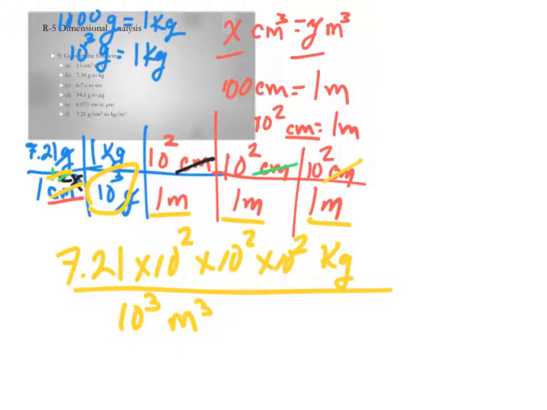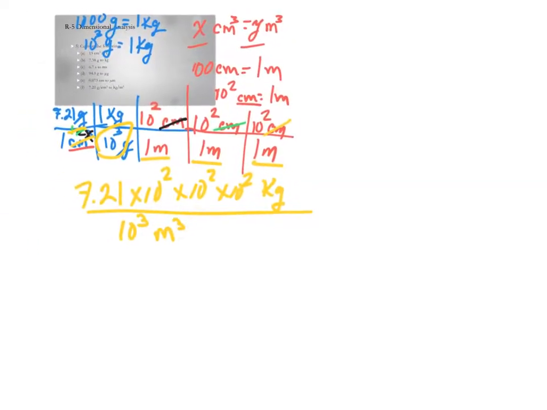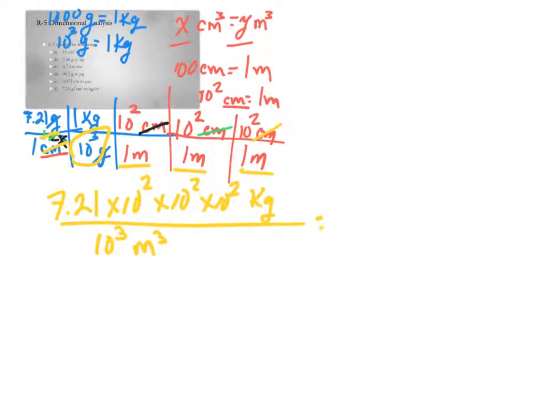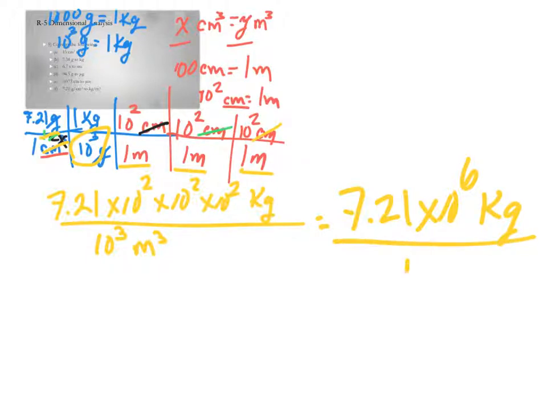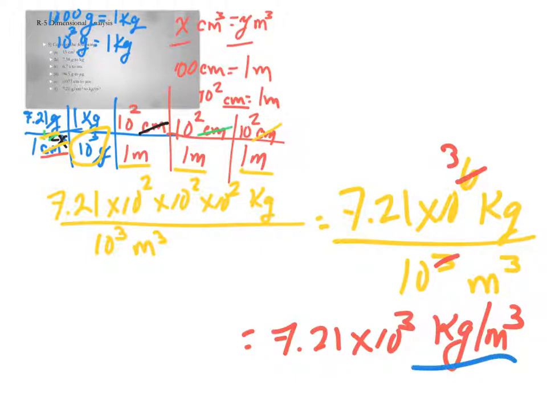And so this ends up being 7.21 times 10 to the 6th kilograms divided by 10 to the 3rd cubic meters. The 6 and the 3 will cancel out to leave a 3 there. So this is 7.21 times 10 to the 3rd kilograms per cubic meter. And that is the answer to this question.